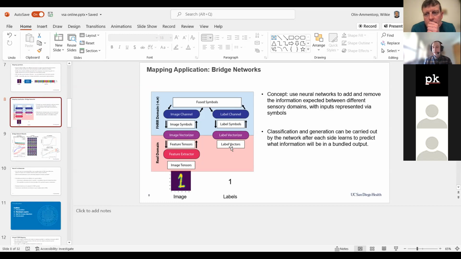But the challenge then was to say, okay, given this audio sample that's 2 seconds sampled at 48 kilohertz and 16 bits, how do we take that and transform it into a symbol in a meaningful way?